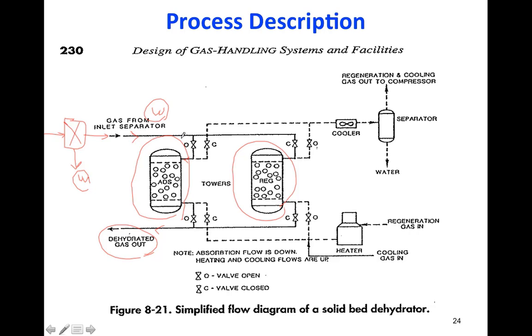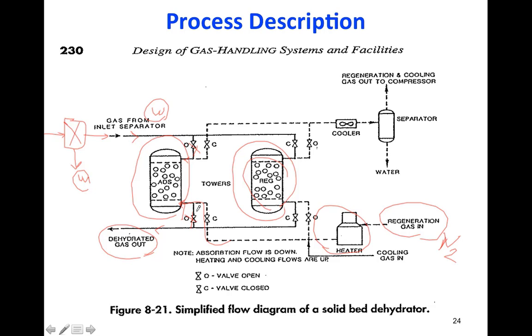So what we will do is close this valve and send the natural gas to this column, so it starts being adsorbed in this column. Then we send the regenerator gas, which is a hot gas coming from a heater. This regenerator gas can be nitrogen, an inert gas, air, something like that.